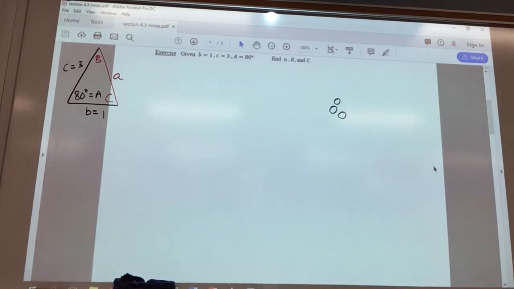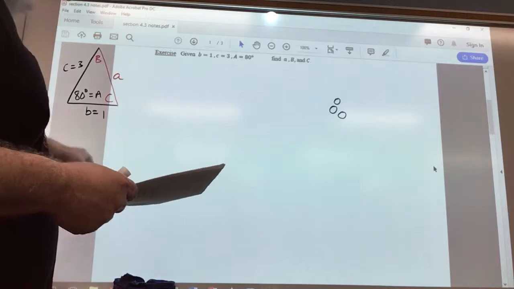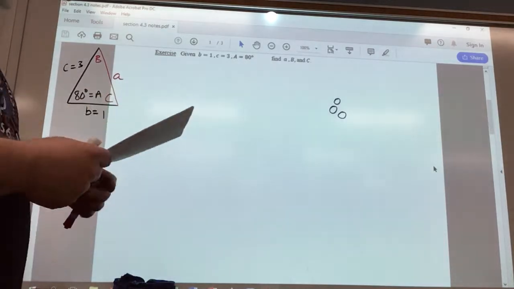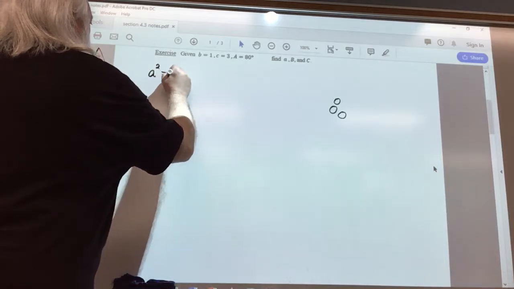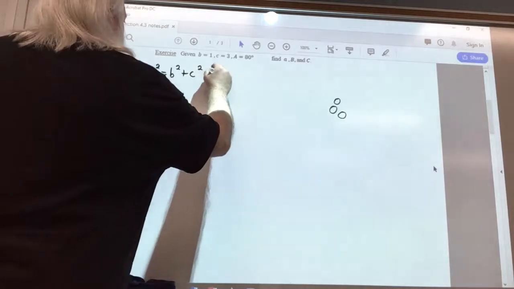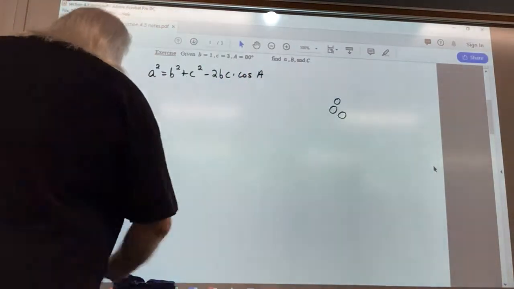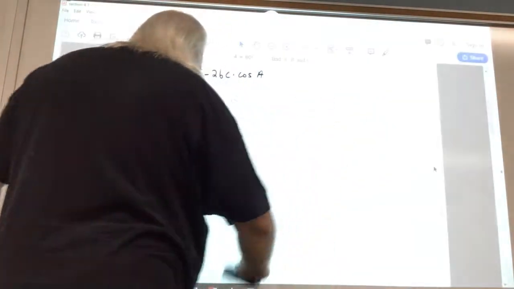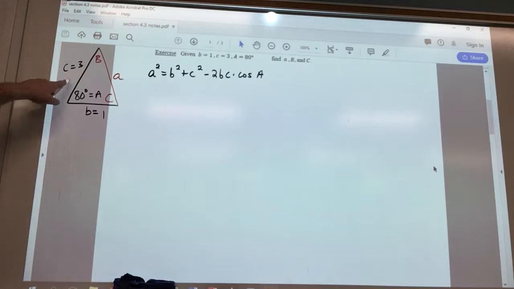And using the first equation in the rectangle up above, we can figure out the length of side A here. We have A squared is equal to B squared plus C squared minus 2 times B times C times the cosine of angle A. So we just plug in for side B, side C, and angle A, and solve for A squared.